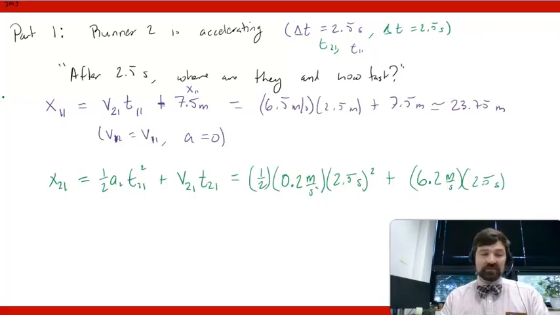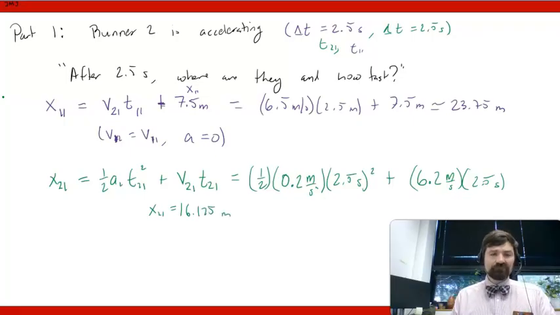So that goes into the calculator: 2.5 squared times 0.2 times a half plus 6.2 times 2.5. That's 16.125. So x21 is 16.125 meters.